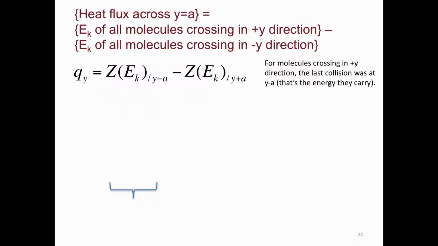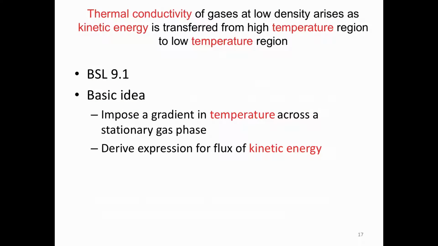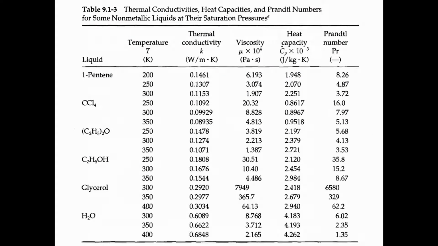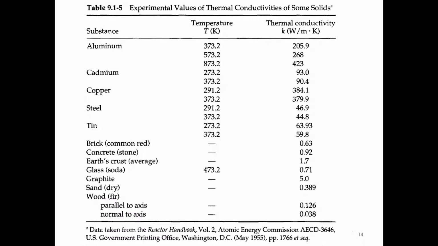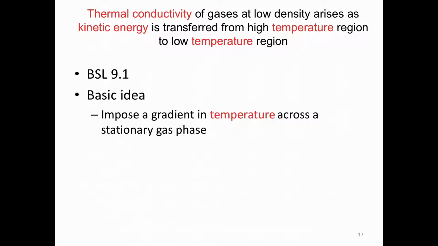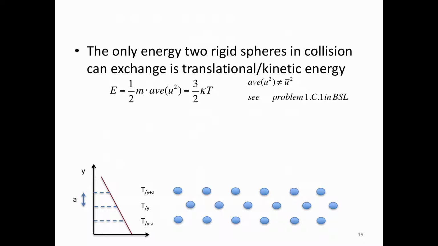Let's quickly just go back to confirm that. Is this gases? Yes. So as my temperature increases, so does my thermal conductivity. This one, yes, increases, increases, increases. Okay? So for simple gases, for liquids not so much, but for gases this works.